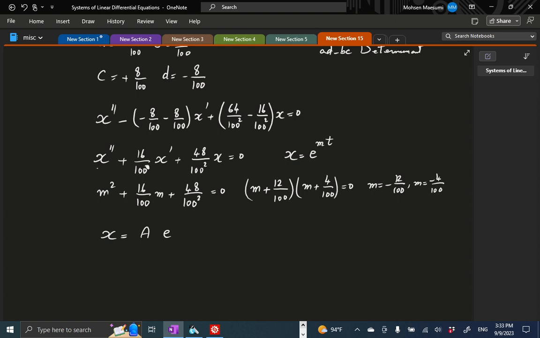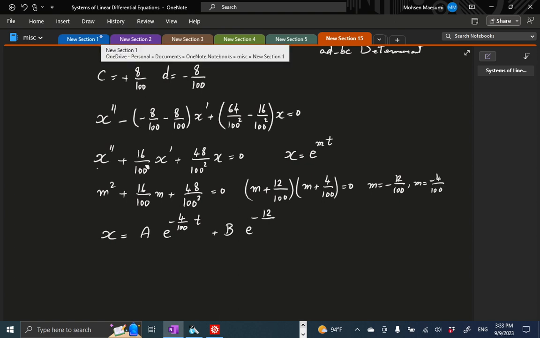So I write, for example, minus 4/100 of t, and plus b exponential of minus 12 over 100 t. So I have the general form of x. I still don't have my a and b. Where do they come from? They would come from the initial conditions.